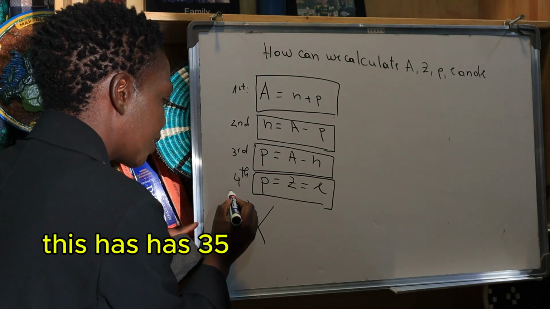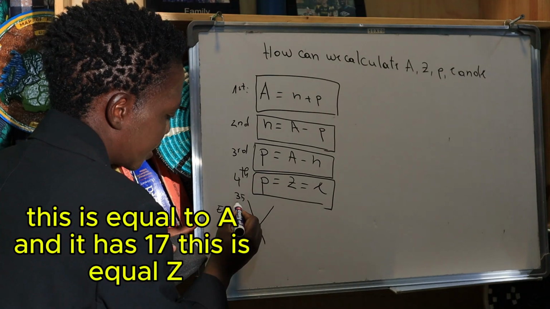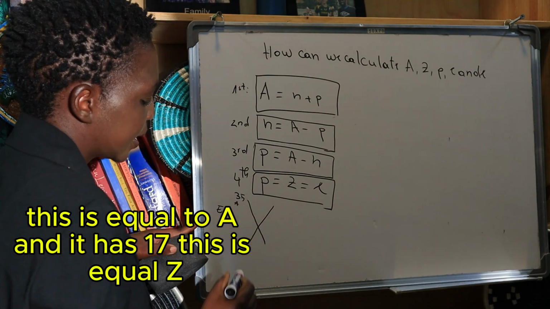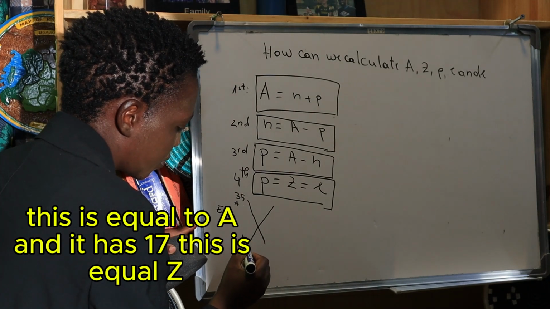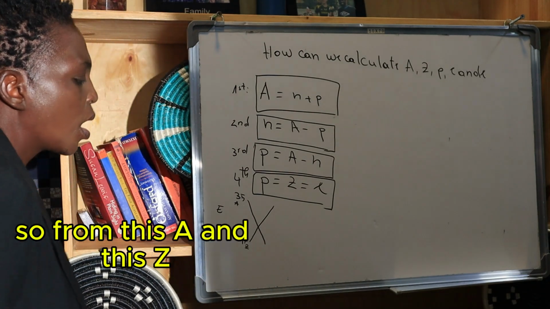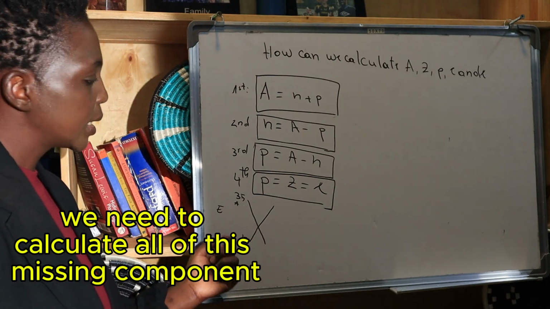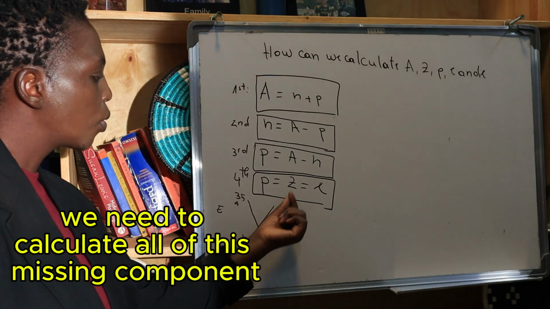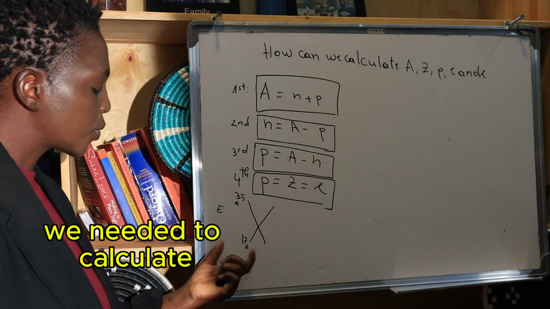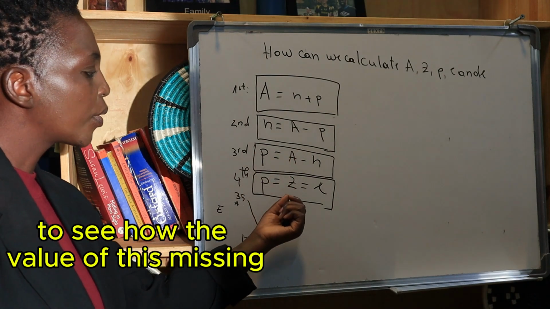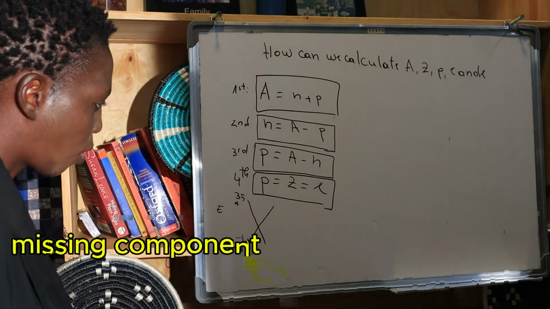This element has 35, which is equal to A, and it has 17, which is equal to Z. So from this A and Z, we need to calculate all of the missing components and find their values.